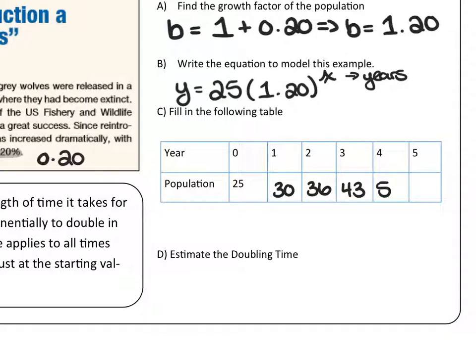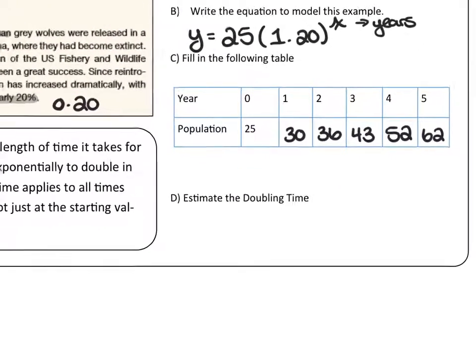Here I get 51.6, but I'm going to round that to 52. And then I get 62.4, so I'll round that to 62. So here we have a table of how many wolves we have per year. We could graph that if we wanted to, which you guys can do on Desmos. You can put the equation in, and it will graph it for you.